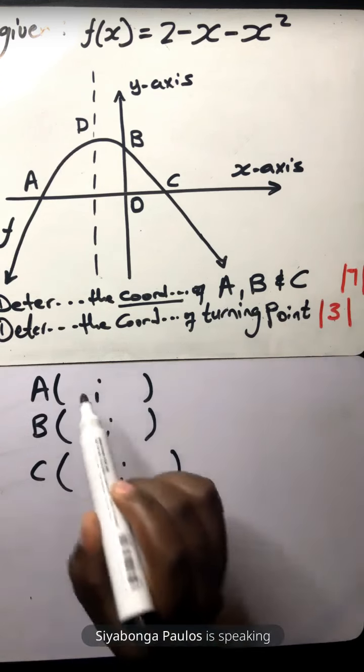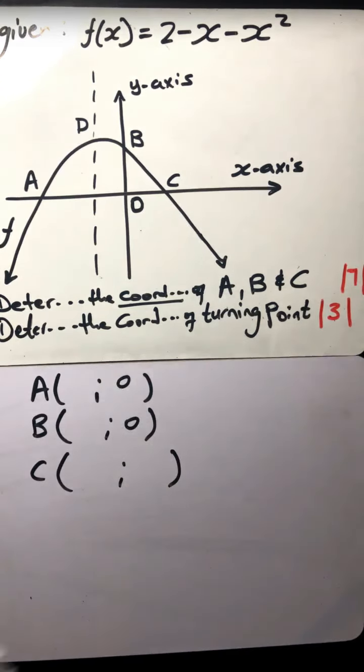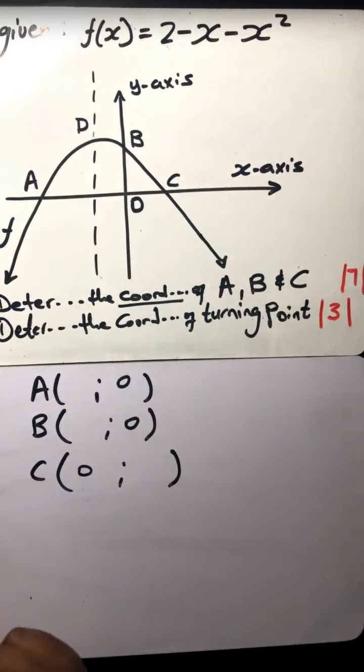Then for C, the x value is 0. Do you all agree with that statement? Yes, sir. Okay, 100%.